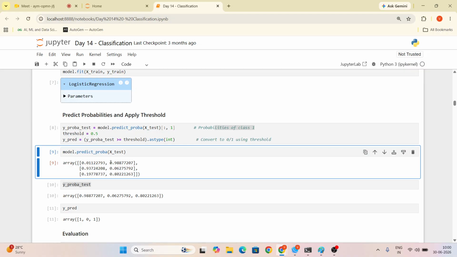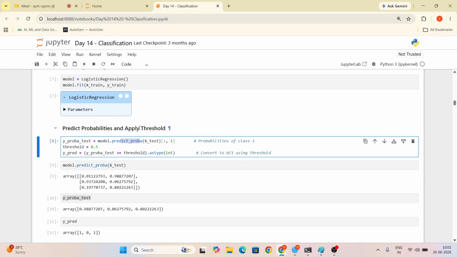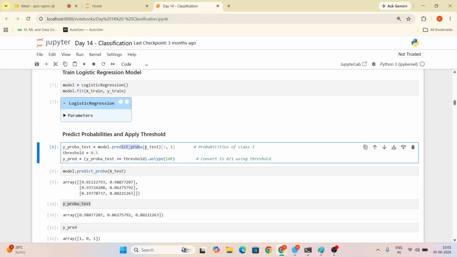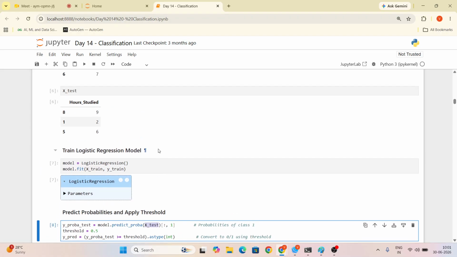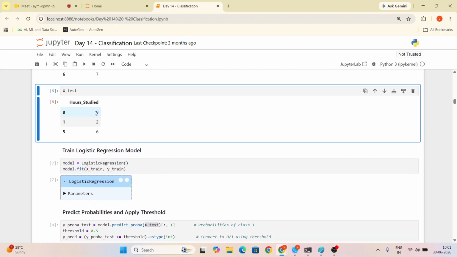Alka, the students are getting 98 percentage on their paper. Then after these numbers, these automatically come here when we apply coding. This is a predicted probability. X test: one person studied 9 hours, another 2 hours, another 6 hours.